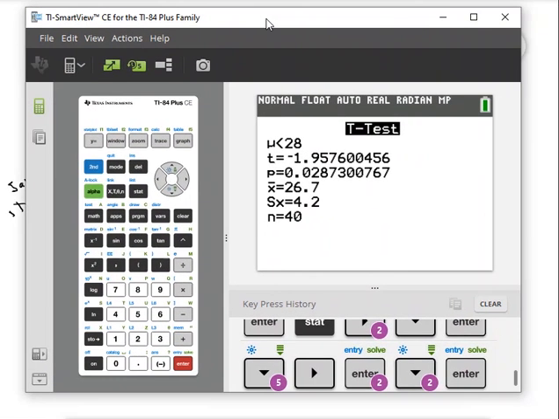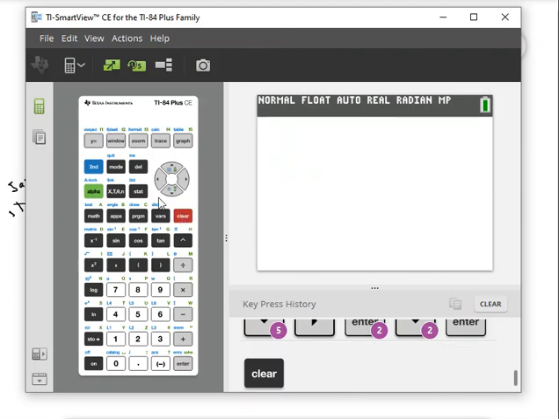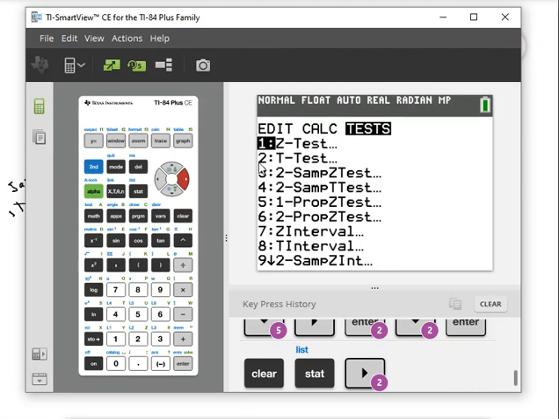Let's take a look at the calculator. Let's bring this over and get our p-value. All right, so we're going to go into stat, tests, number 2, T-test. I'm going to run a one sample mean t-test. We have one sample, and we're using the t-distribution basically, which looks almost exactly the same as the normal.